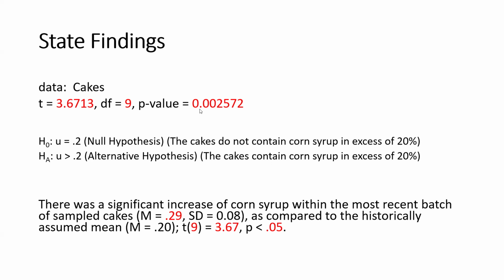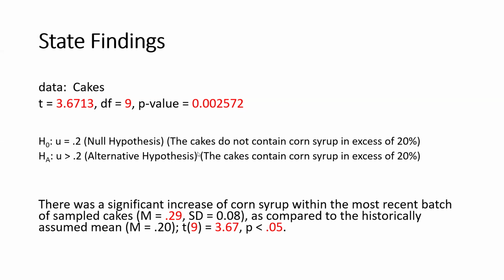Our p-value, 0.002572, is less than our alpha value, which is 0.05. So because the p is lower than our alpha value of 0.05, we reject the null hypothesis, in which case the cakes contain corn syrup in excess of 20%.